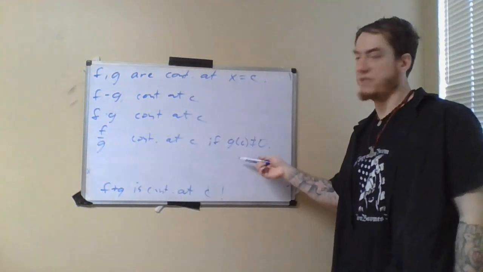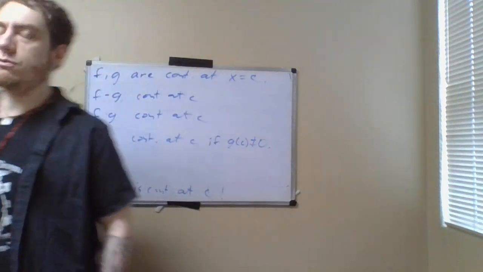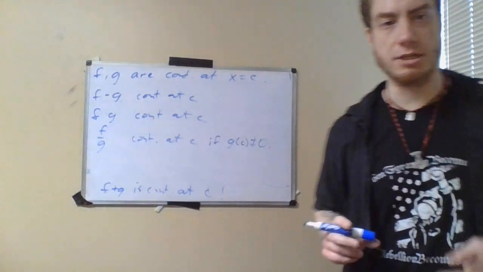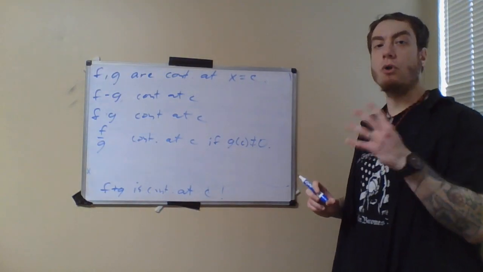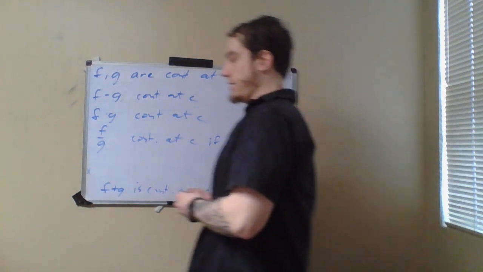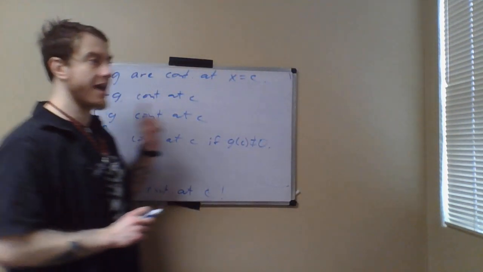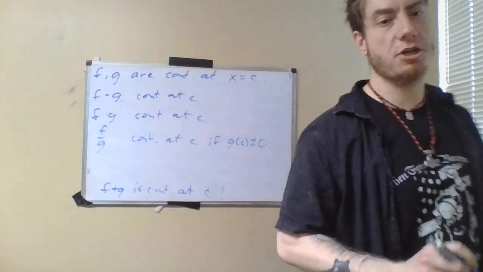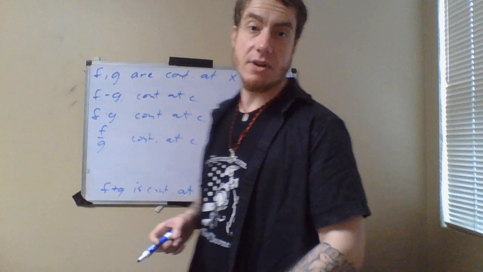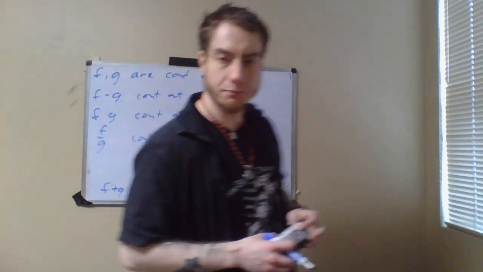In other words, if this is defined at c. So if you have two continuous functions, then combining them using the basic arithmetic operations, the basic 4, that will always be continuous. At least as long as you're not trying to divide by 0. That's kind of the caveat here. We have to make an exception if you accidentally are trying to divide by 0. Or maybe not even accidentally, but if that happens, then, well, that changes things.